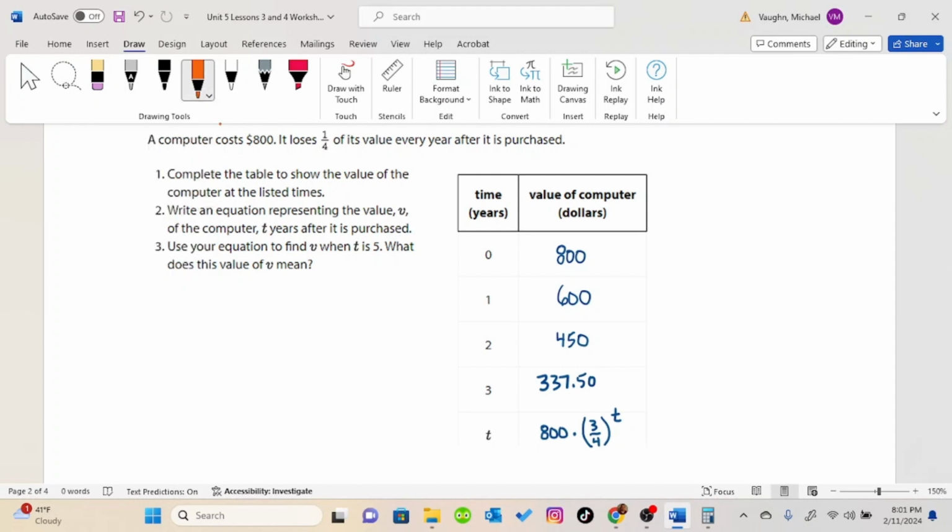Write an equation representing the value v of the computer t years after it is purchased. So for number 2, we're going to say v of t equals the original price of 800 times the value that it maintains, which is the factor 3/4, to the power of t, which is the number of years.